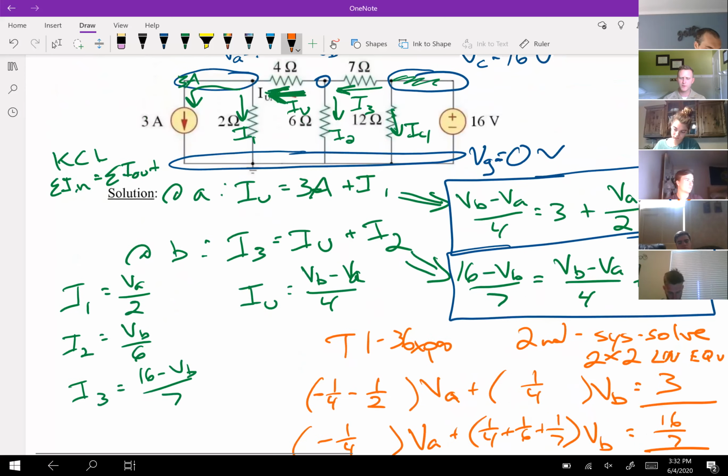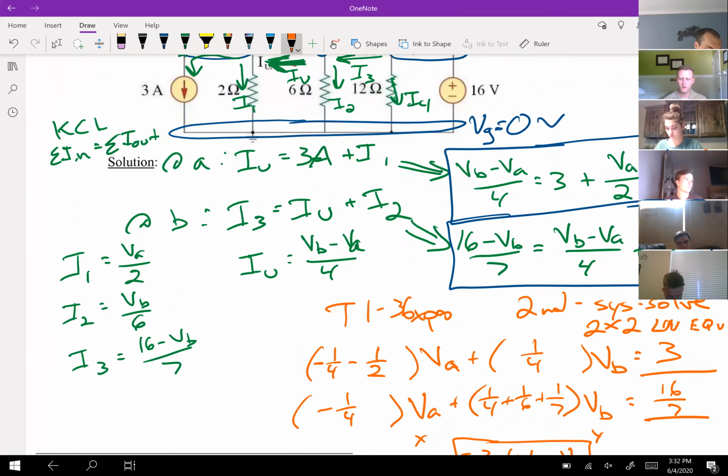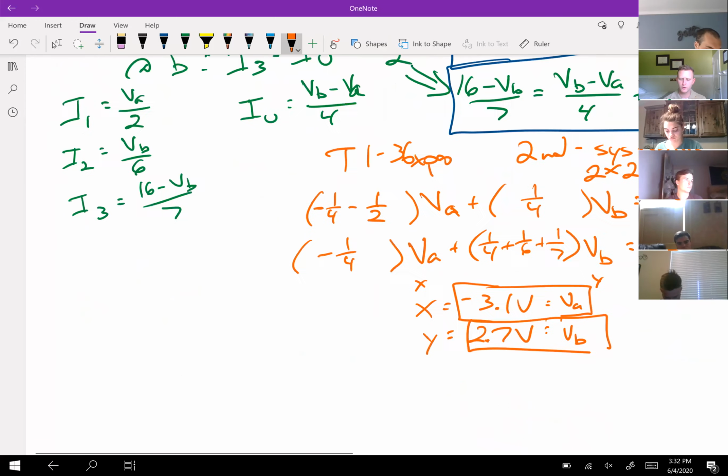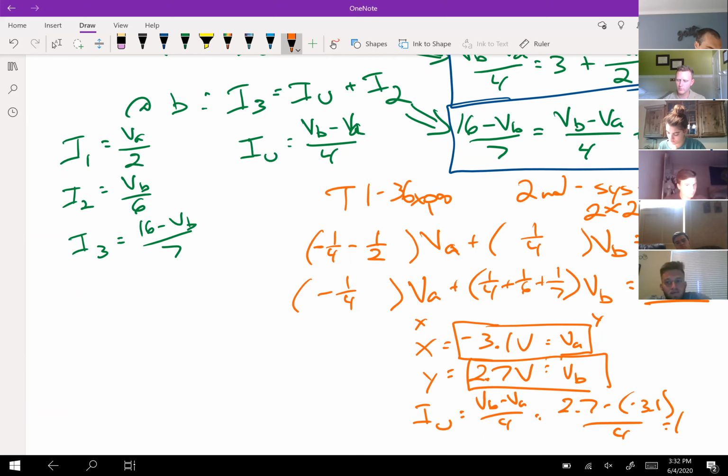The last step on this one said solve for I unknown. So IU equals VB minus VA over 4. When I do that, I have 2.7 minus negative 3.1 divided by 4, and I get 1.45 amps. So there was the final answer.